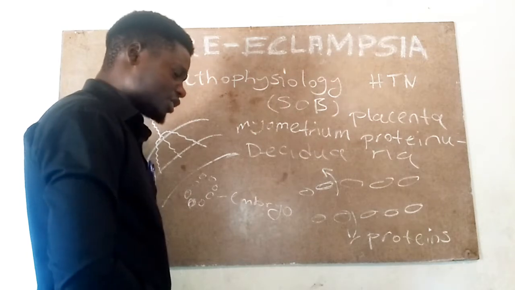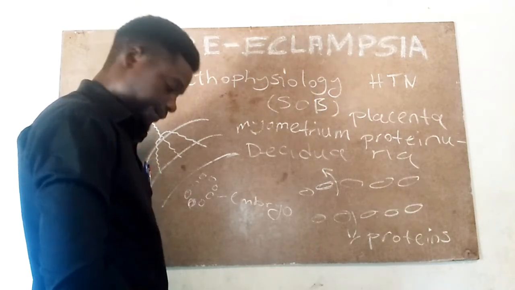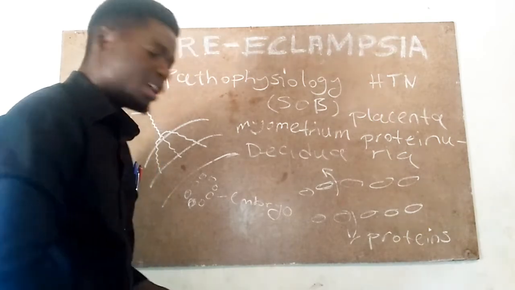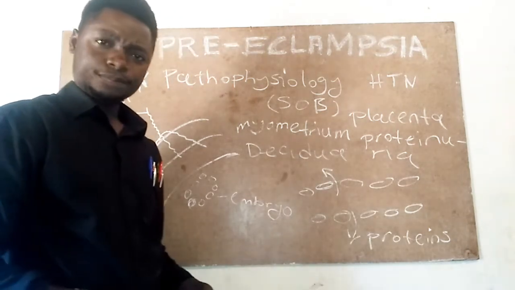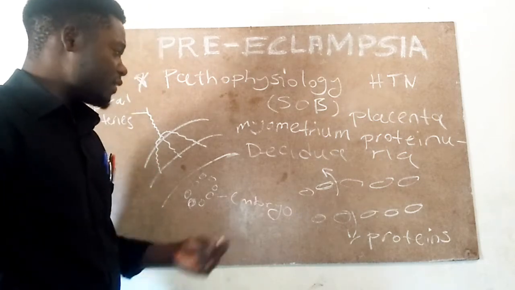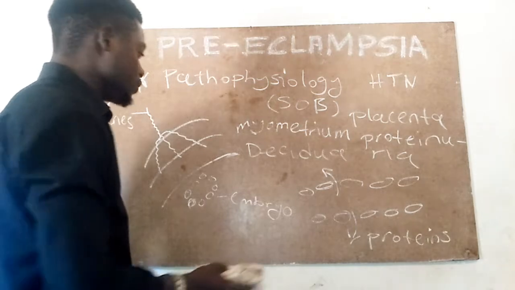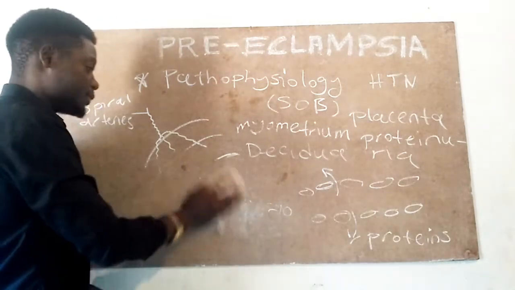Now, the liver also is going to be affected as well. And the woman can have epigastric pain as well. So all those are the pathophysiology that happens in this person who has got what we call preeclampsia.